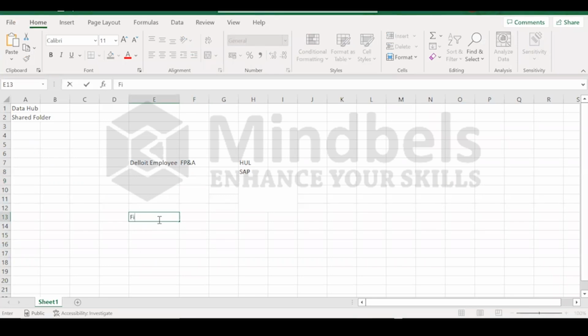Let's say in an organization, the finance department is there, and the HR department, and the supply chain department. Each and every department depends on another department. Let's say the finance department says, I want a 40% hike in this particular sales.